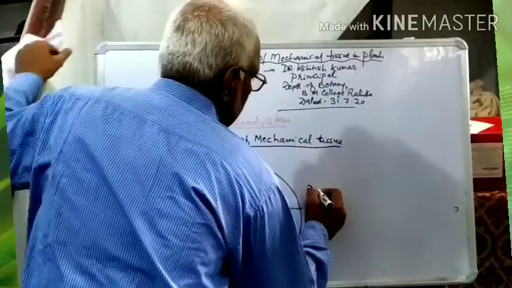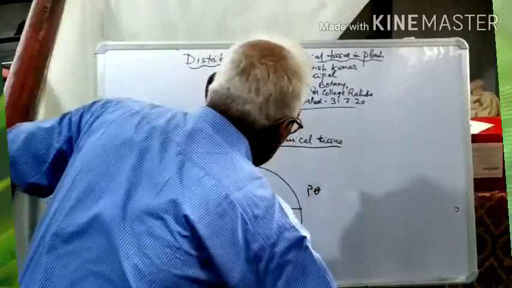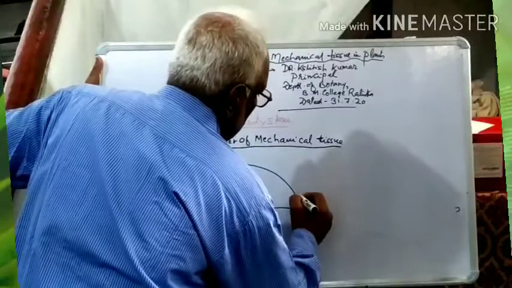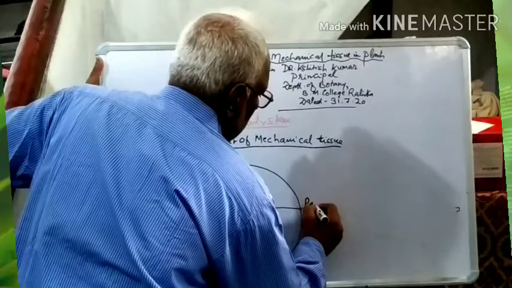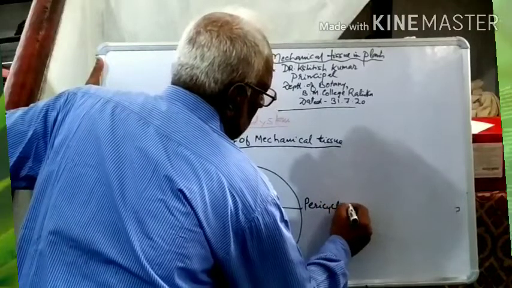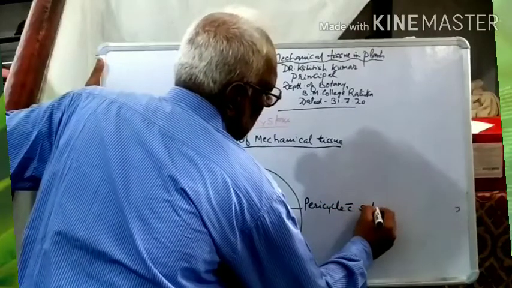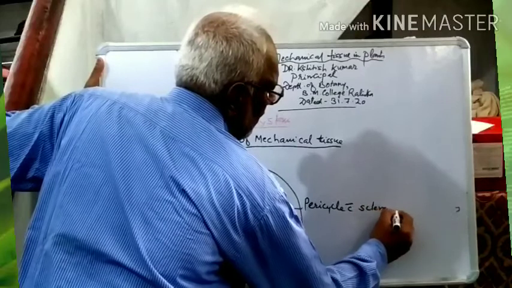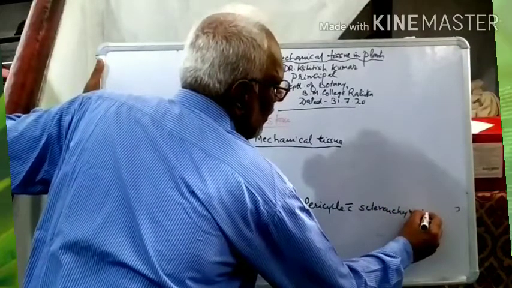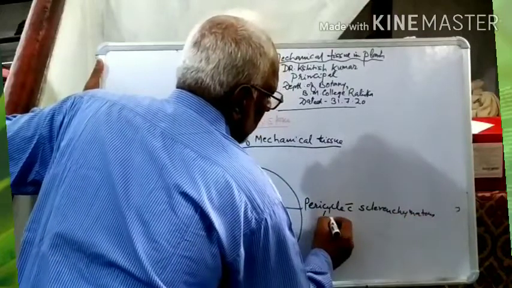And this type of, that is the sclerenchymatous fibers. Pericycle, here, that is the pericycle with sclerenchymatous fiber.